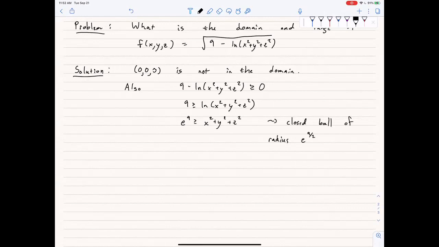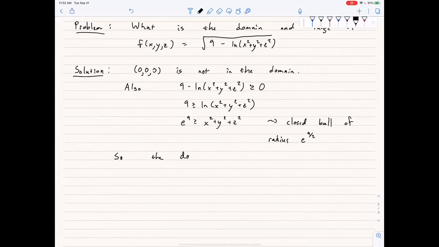Anything satisfying this inequality will indeed be in the domain, except, of course, the origin. So we could describe the domain just using inequalities. So I'll just write it out.